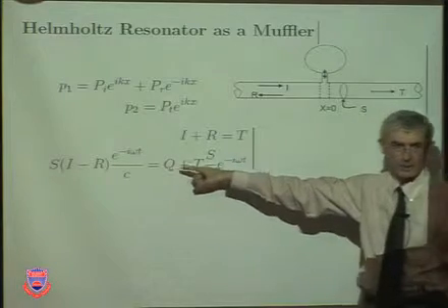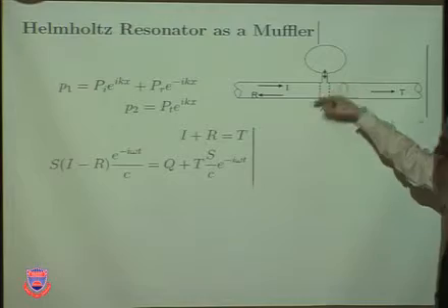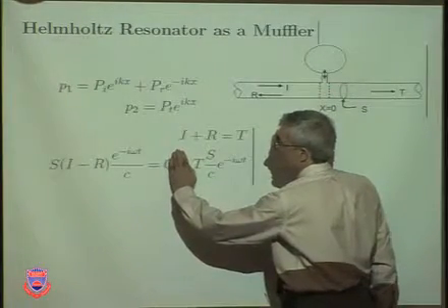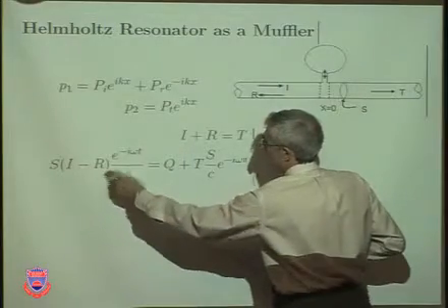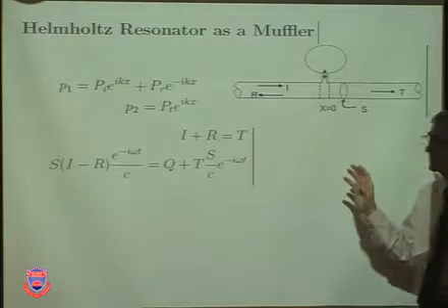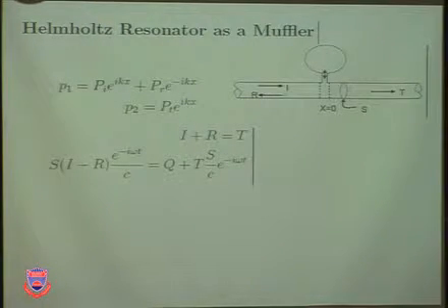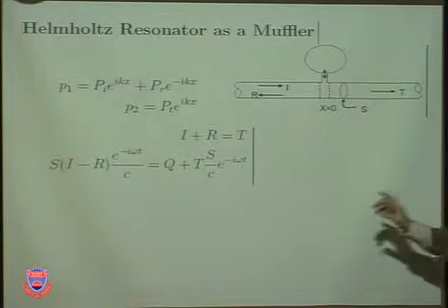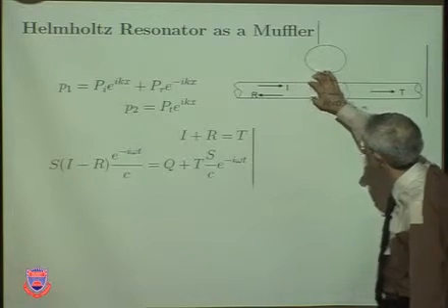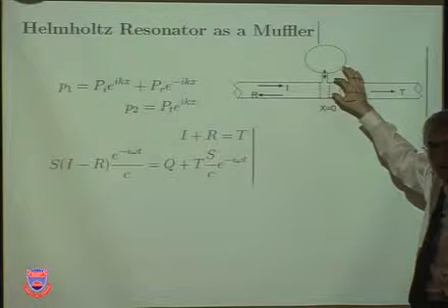Remember, we talked about the mass flow in and out of the Helmholtz resonator was Q. So without Q, you can see we have S times I minus R, T times S. The usual expressions for continuity. And so now we say the flow here, some of it goes in there and some of it goes into the pipe.